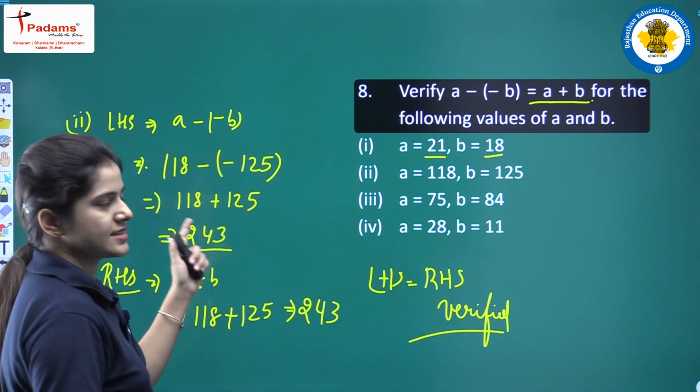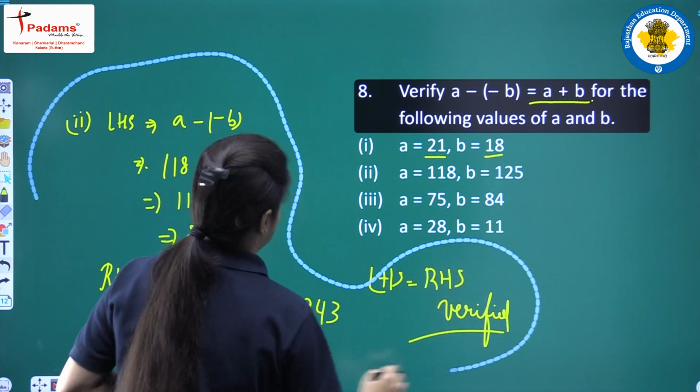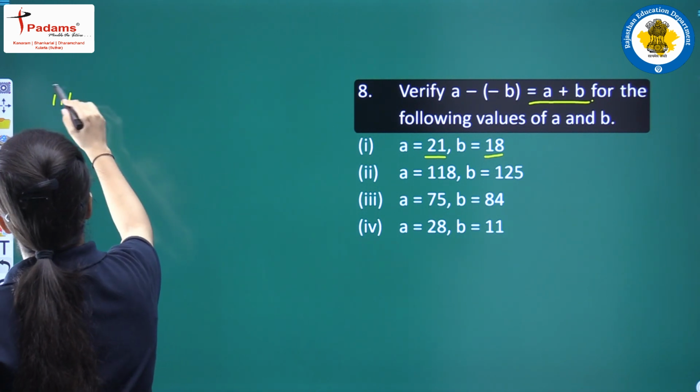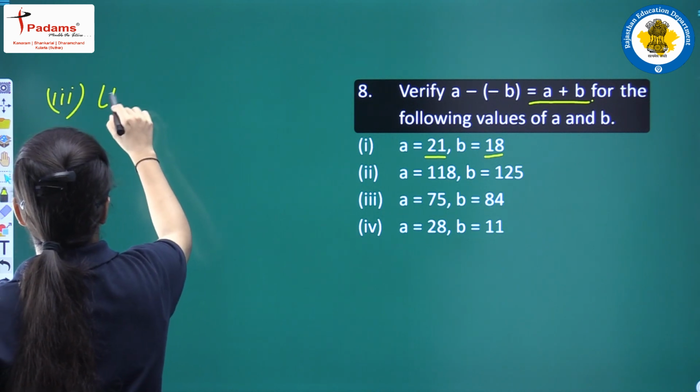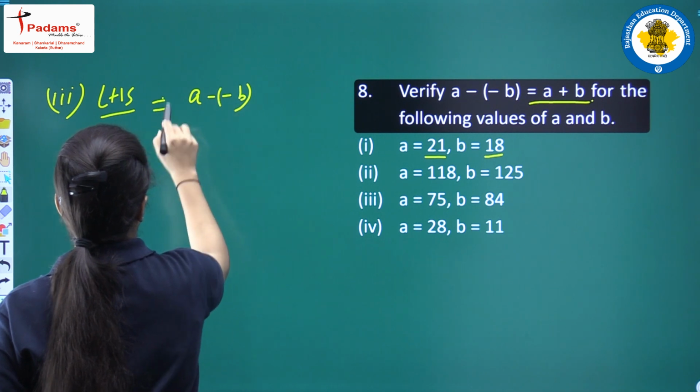Okay, students. So this is like this. Now we'll discuss the third part. LHS is equal to a minus minus b.